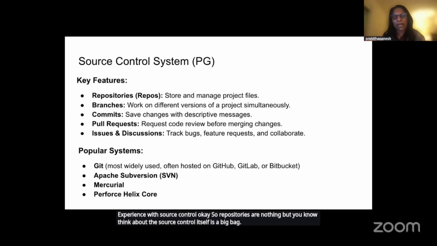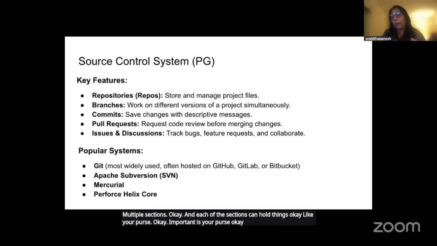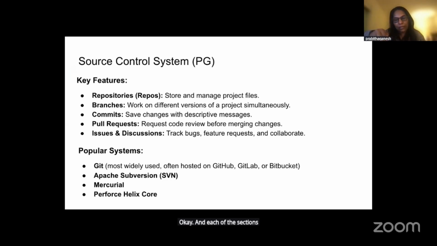Okay. So repositories are nothing but, think about the source control itself as a big bag, a big basket. Inside that basket are multiple sections, and each of the sections can hold things, like your purse, or your backpack.